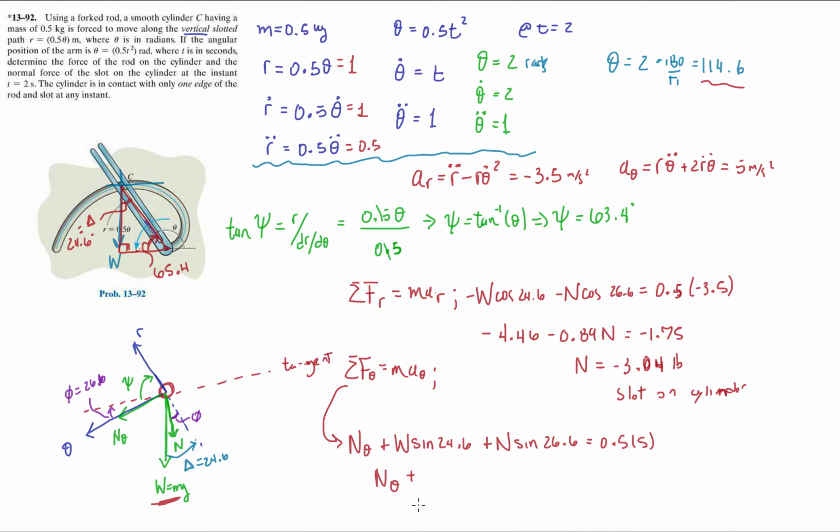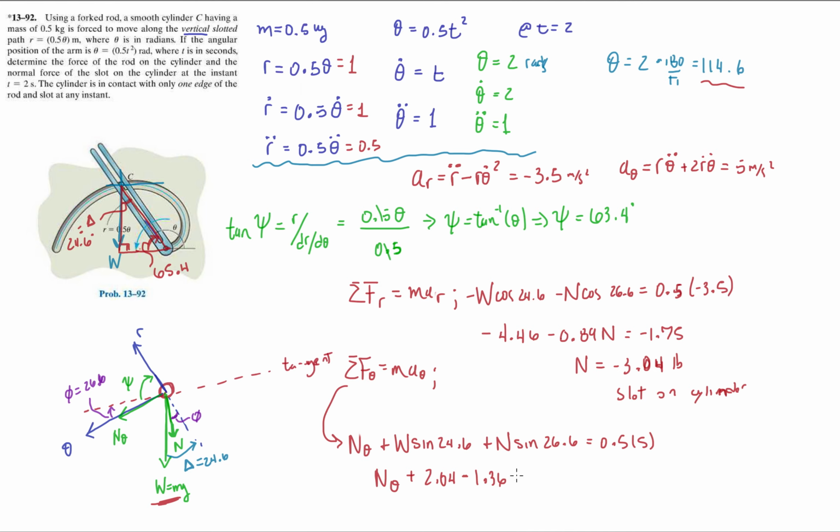Let's see what we get. So this is 2.04. This is minus 1.36. Sorry about this little squiggly I just did.